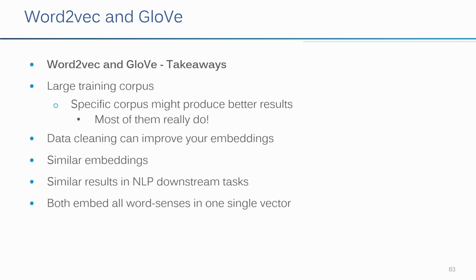Both techniques, and a bunch of others built on top of them, were originally trained on a large corpus, and a specific corpus might produce better results depending on the task that you're tackling. So they do have pre-trained word embeddings on X billion words.